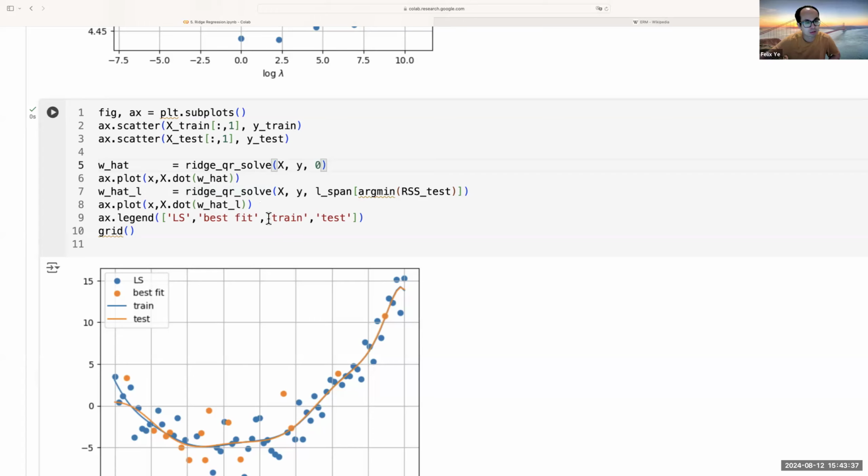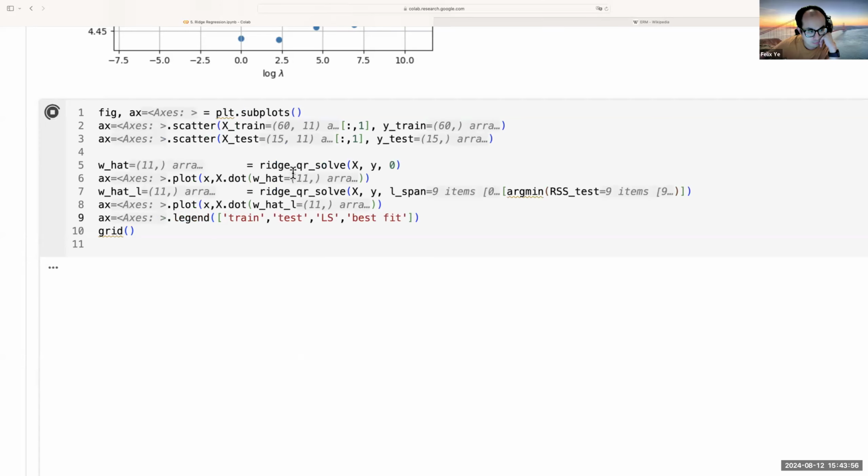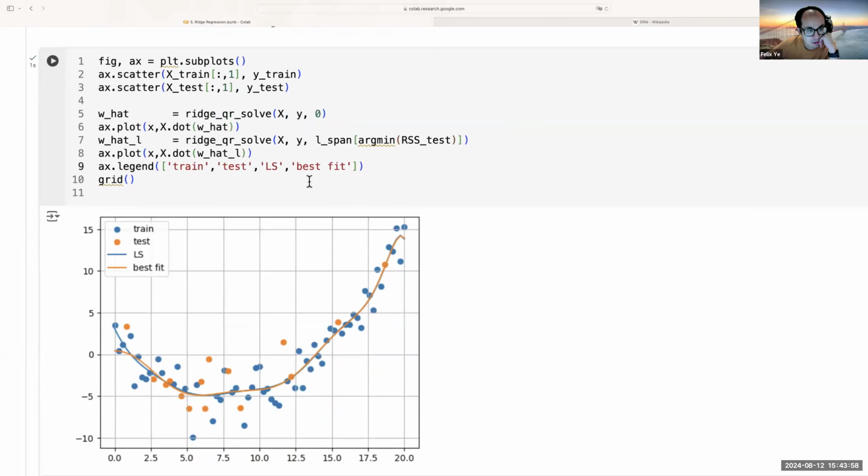I don't know why this is being flipped here. I think it should be best fit, train, testing. Yeah, it should be like that. The blue point is training. I mean, the orange point is testing.